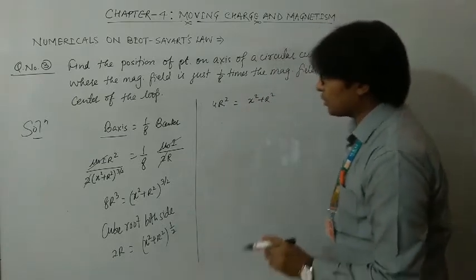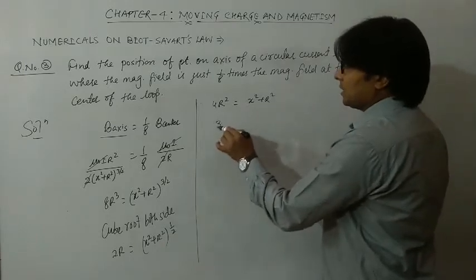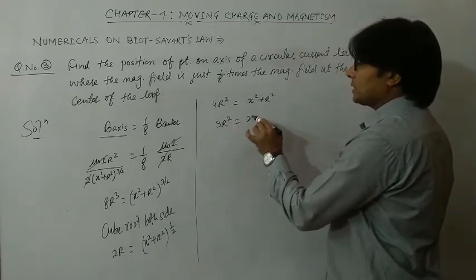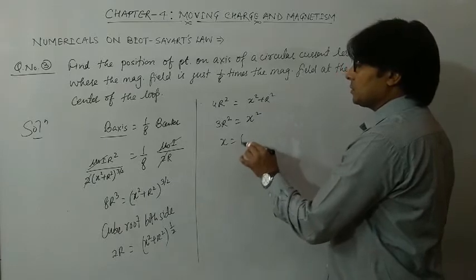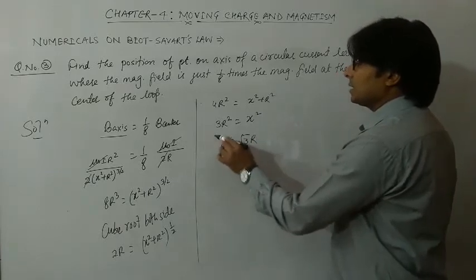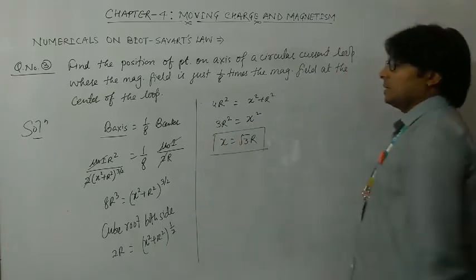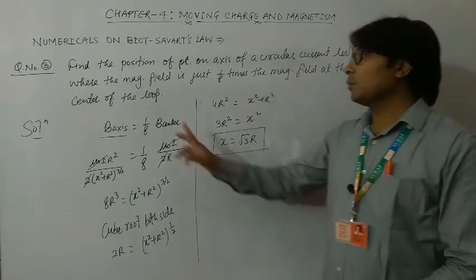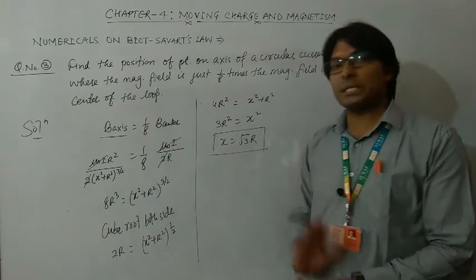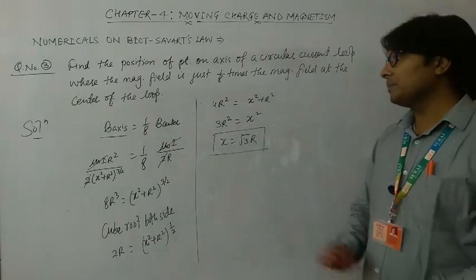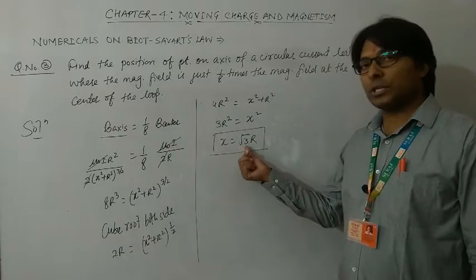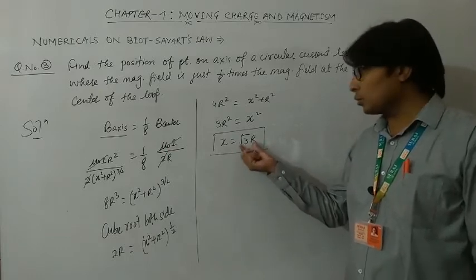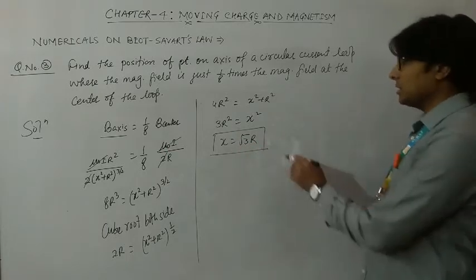So 3 r square is equal to x square, and x is equal to root 3 r. So the point at which the magnetic field will be 1 by 8 times the magnetic field at the center of that loop will be at a distance of root 3 times r, or root 3 r. So this is the answer.